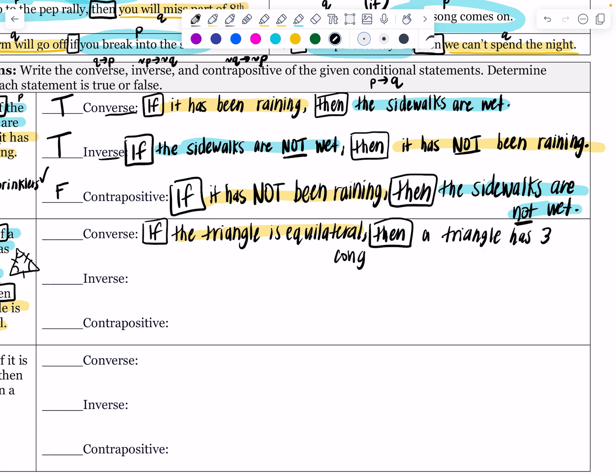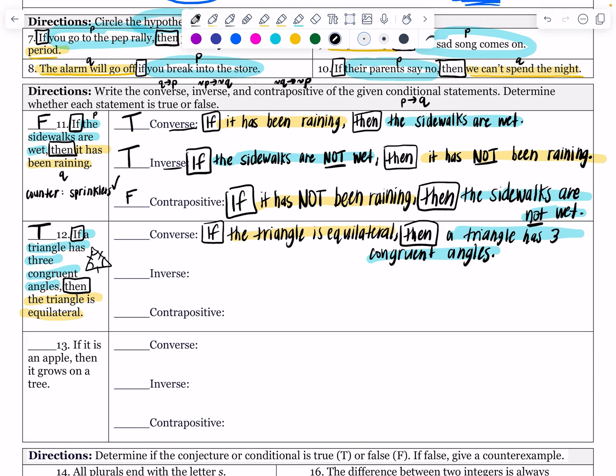Remember, congruent just means equal. All 3 of them are equal. So if all 3 of them are equal, they're all going to measure 60 degrees. You don't have to know that for now. We'll talk more about this in another chapter coming up. But that is going to be true. So that also means that the inverse and the contrapositive are going to be true.